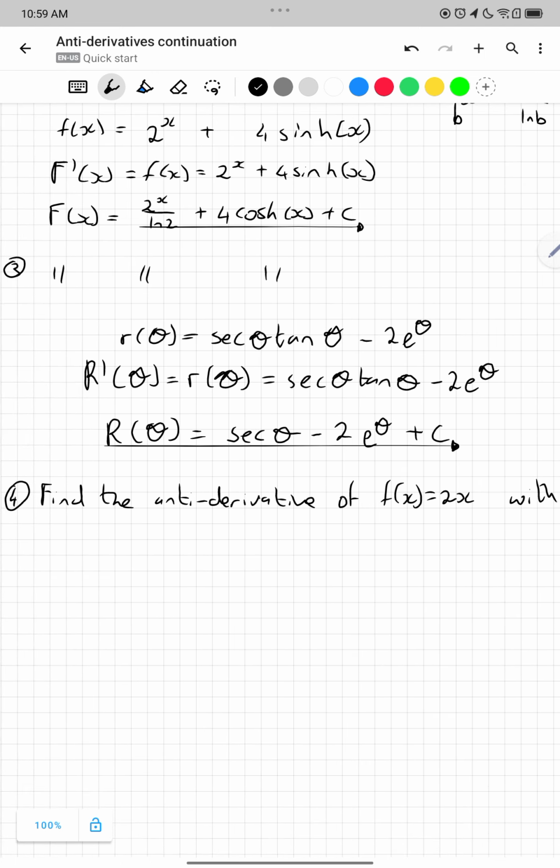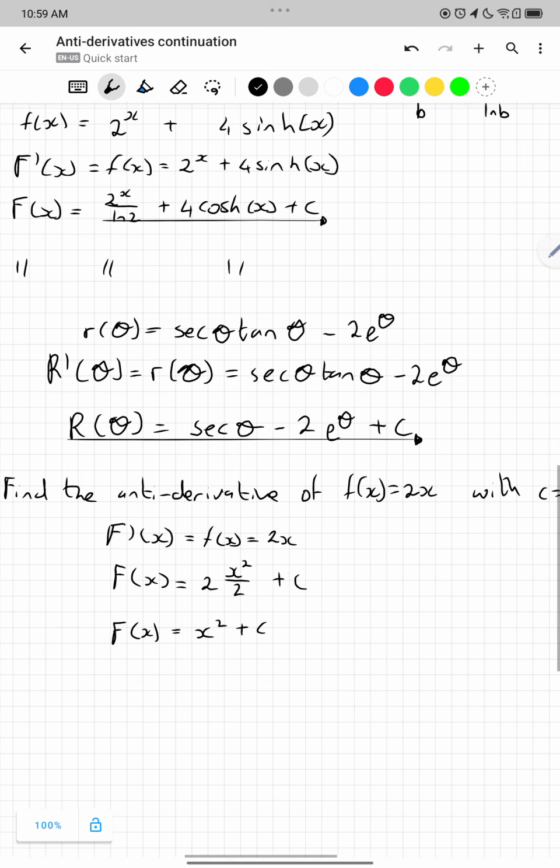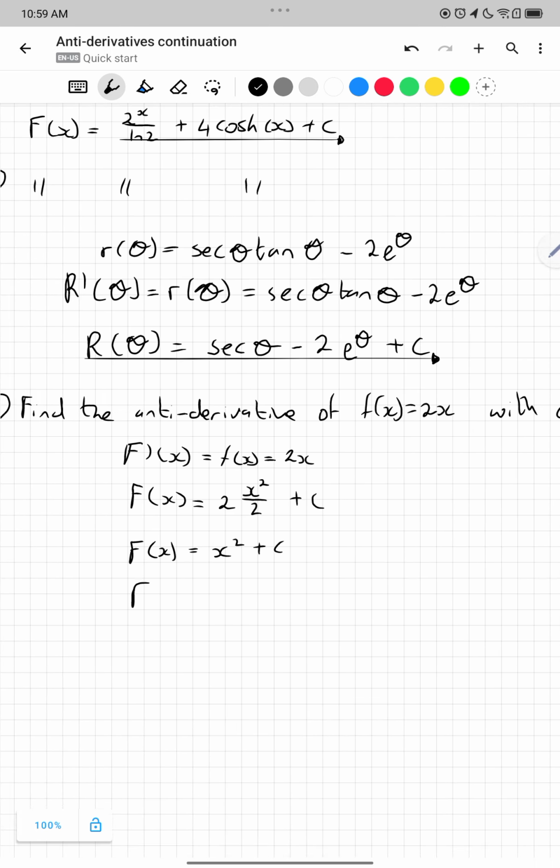So basically uppercase f prime of x is equals to lowercase f of x, which is equals to 2x. Right? So uppercase f of x is equals to 2x squared over 2 plus c, which is equals to x squared plus c, where c is equals to 3. So therefore f of x is equals to x squared plus 3.